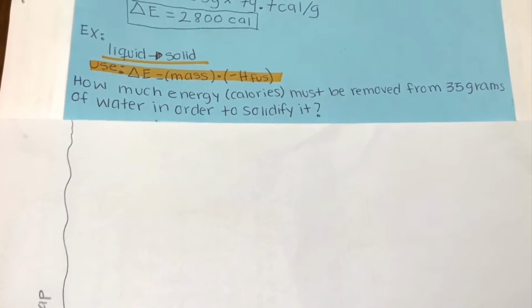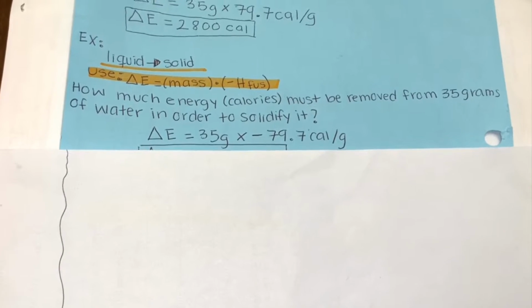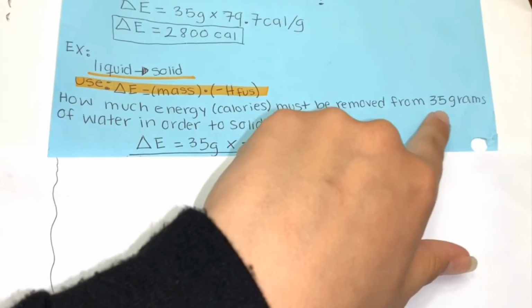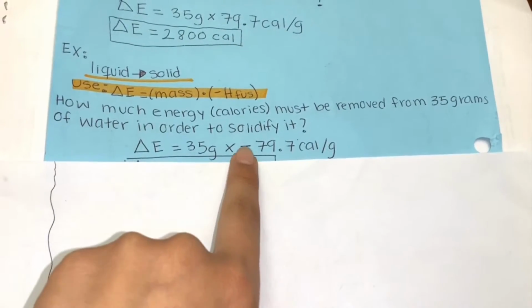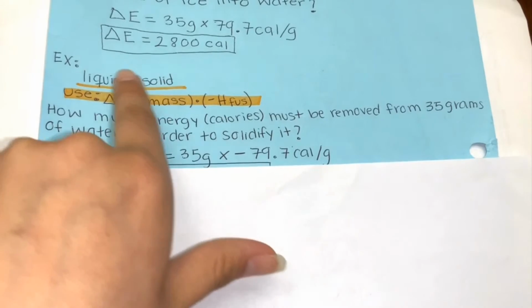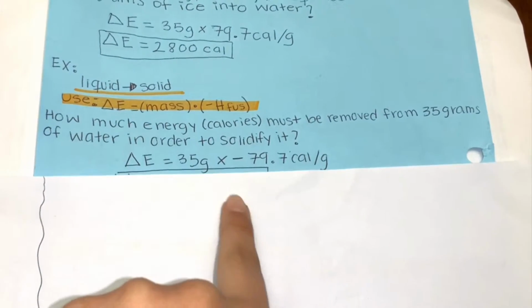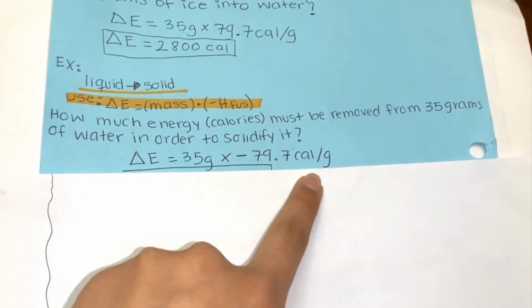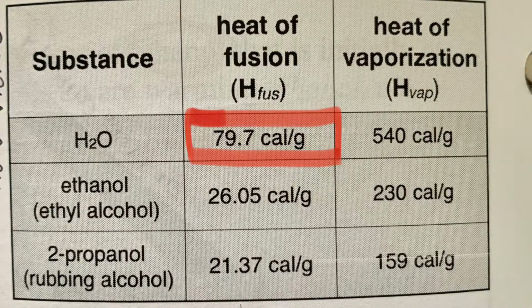So this is how we solve it. We do change in energy equals 35 grams, which was given to us, times negative, because we're doing liquid to solid, so negative heat of fusion, don't forget that negative, 79.7 calories per gram. According to our table, we are going to be using water and the heat of fusion value 79.7 calories per gram, but now we're removing energy, so it's going to be negative.